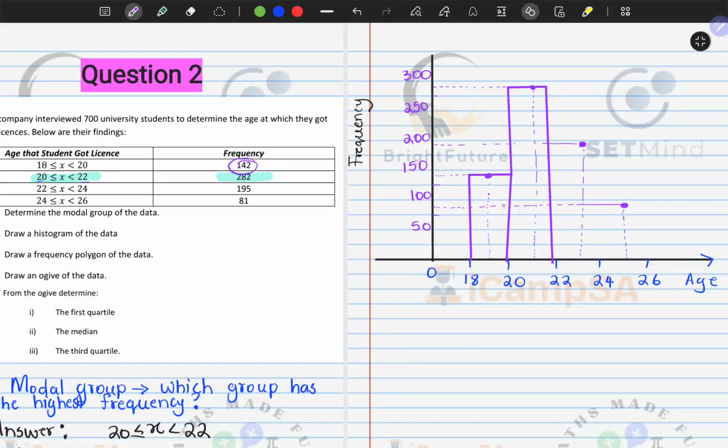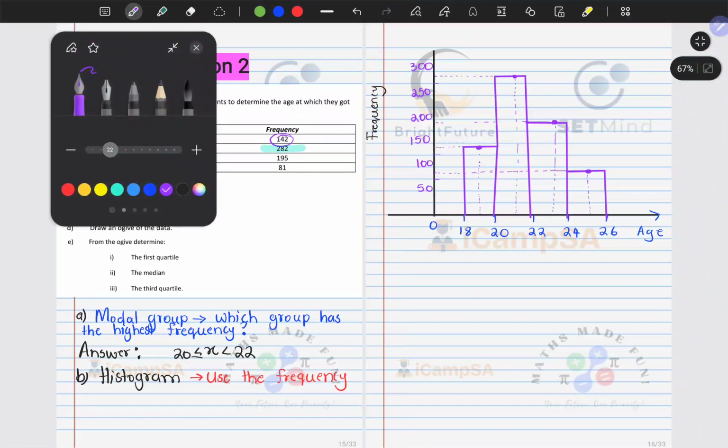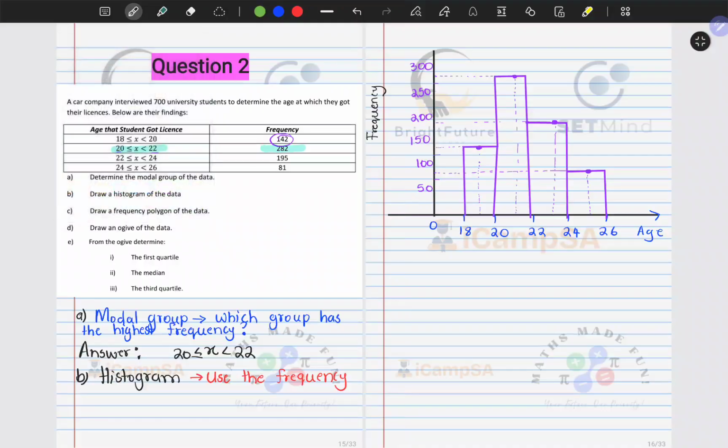And then for the next one, go here, come down here, like that. Then for the next one, we go down like that. Okay, so that is what we end up having, guys. It becomes this simple. If you apply yourself, you will easily be able to draw these histograms.